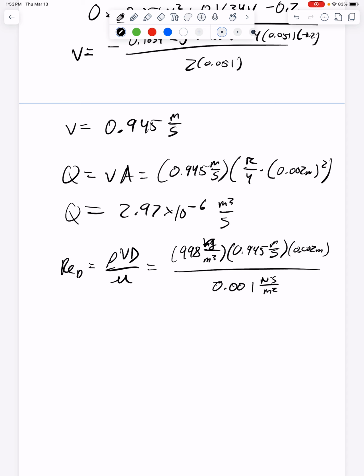And as a result, Reynolds number is going to be 1,890, less than critical number. We're good. Problem is good. Any questions on that? If not, last problem, and we're done.